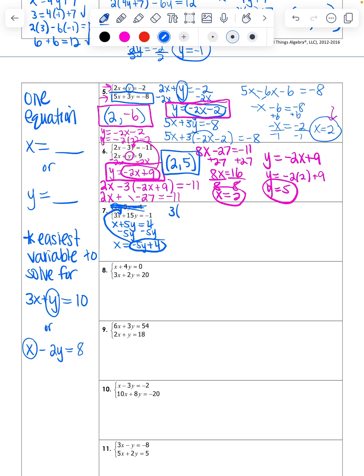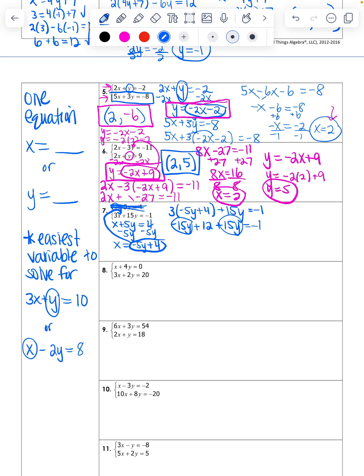3 times what x is, which is negative 5y plus 4, and then plus 15y equals negative 1. Okay. Once I go through that, now I'm just going to simplify. So this is going to be negative 15y plus 12 plus 15y equals negative 1. And this is an interesting situation. When I go to combine like terms and I combine my y's like I normally would in another problem, all of the y's cancel out.